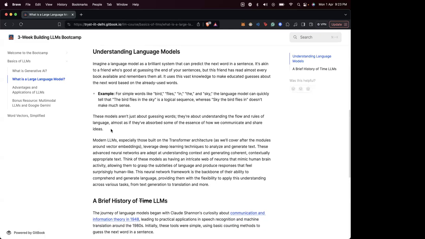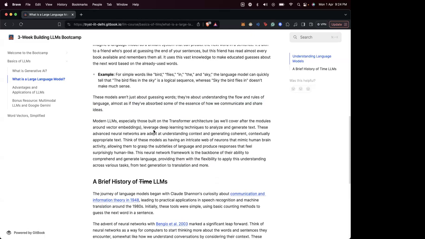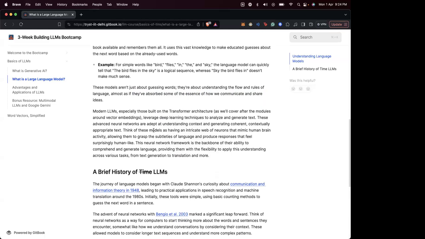And this is where the beauty comes in, which is that while at its essence it's guessing words, because it is trained on such a large data set, we have realized that they also, in some abstract form, understand the flow and rules of the language, almost as if they've absorbed some of the essence of how we communicate. So we don't say they actually have absorbed some of the essence. It's almost as if they have absorbed. There is a nuanced difference over here.